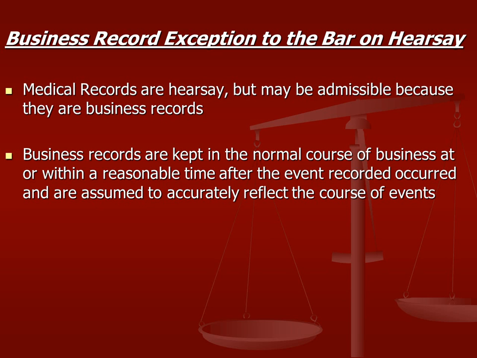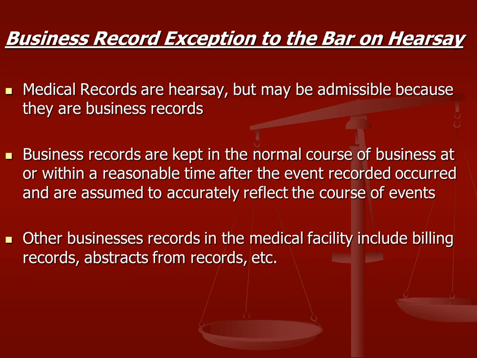And the entries are made on or around the time that events occurred. And so it's assumed to accurately depict that patient's hospitalization or their physician's office visit or something like that. So that's why medical records are considered business records.